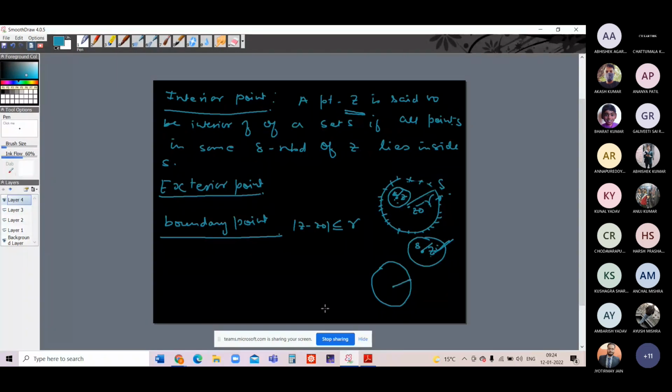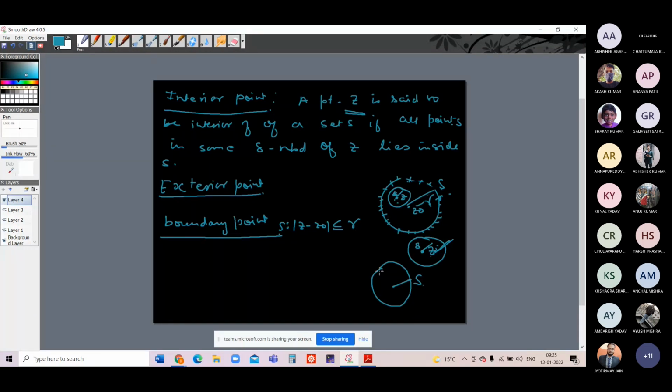So a point Z is said to be a boundary point of this set S if every delta neighborhood of this Z contains at least one point of this set S and at least one point outside of this S.